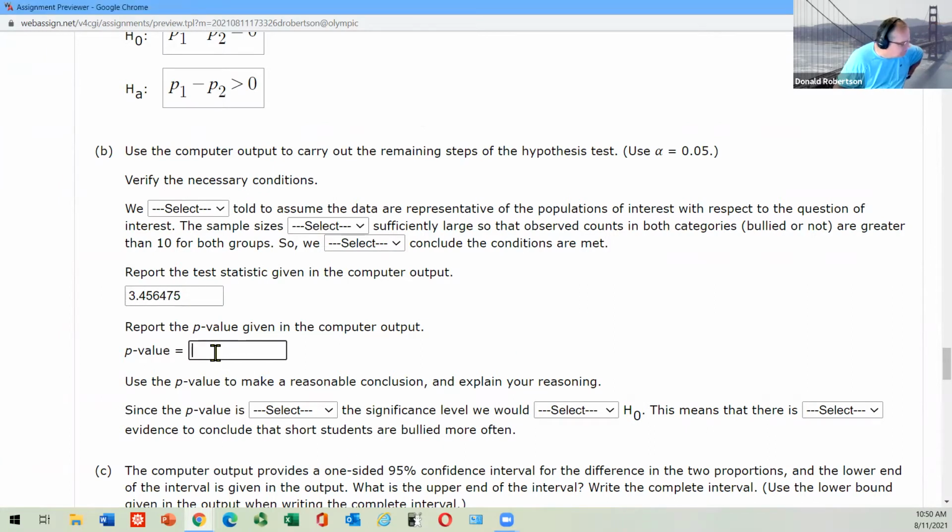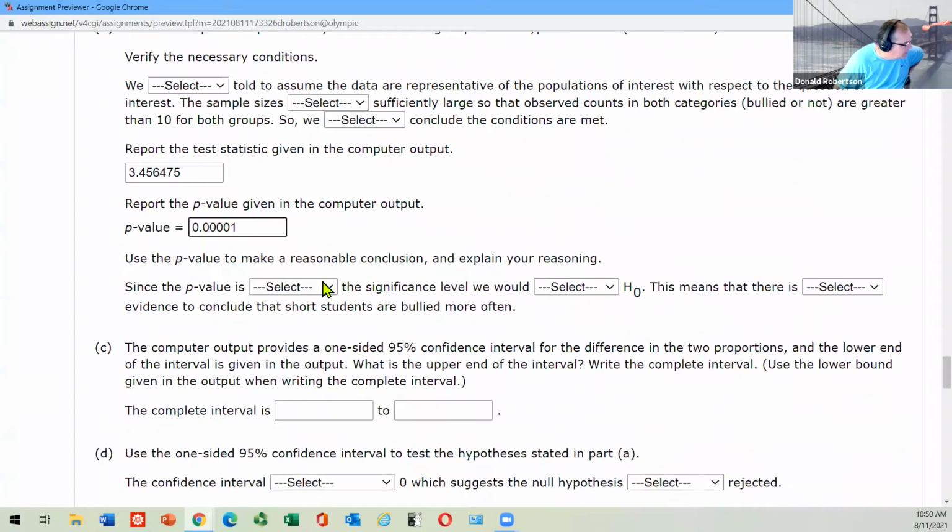The p-value was 0 point, lots of zeros and a 1. And then can't we just, oops, finish this one? Since the p-value is less than the significance level, we would reject H naught. This means that there is sufficient evidence to conclude that short students are bullied more often. Great. Tiny p-value, we are good.